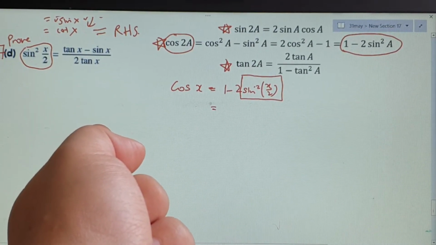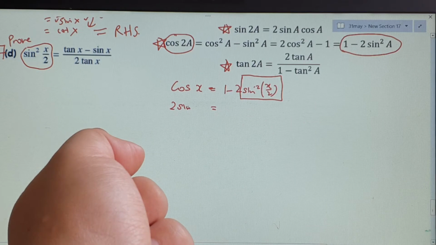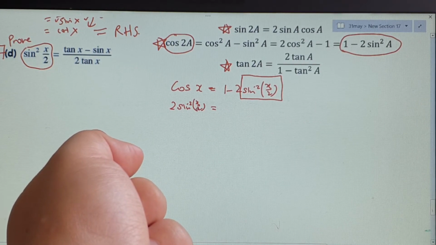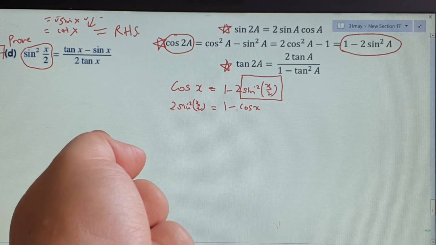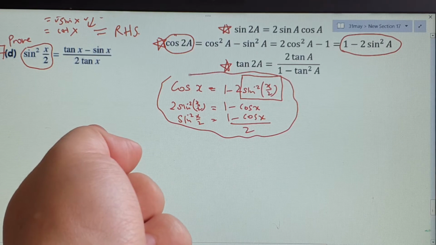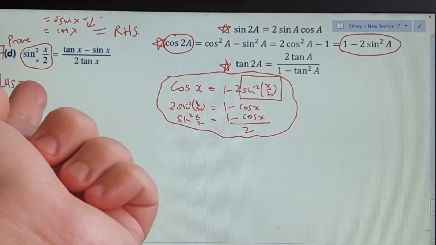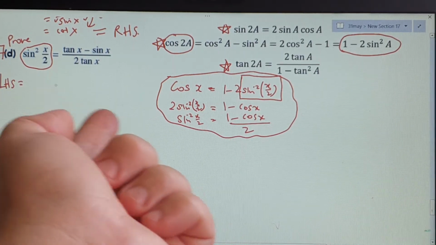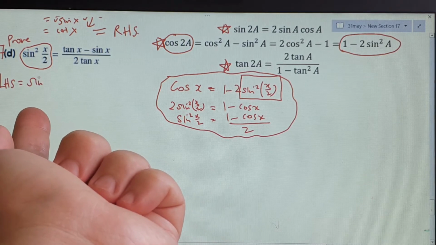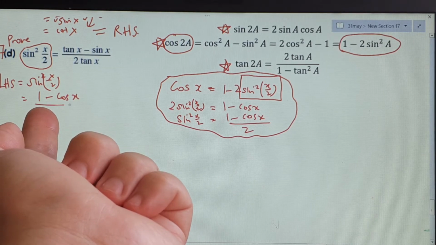Okay, so if I were to do a little bit of manipulation, you can do this side working here, and then your left hand side, you can write it as 1 minus cos x over 2.